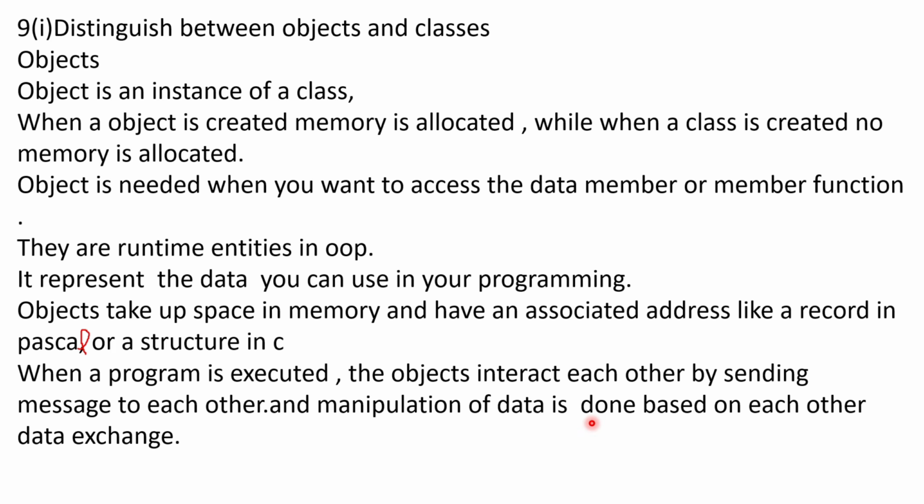Such that if object one has some given data, and the other object has some other given data, when we call any object from each other, they will get the data, and exchange and manipulation will happen.